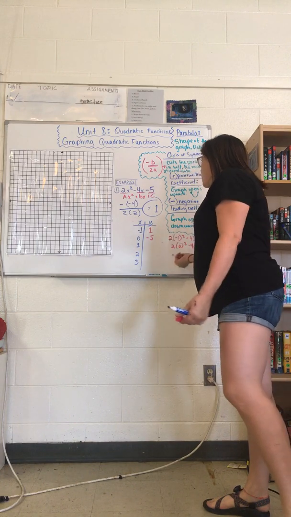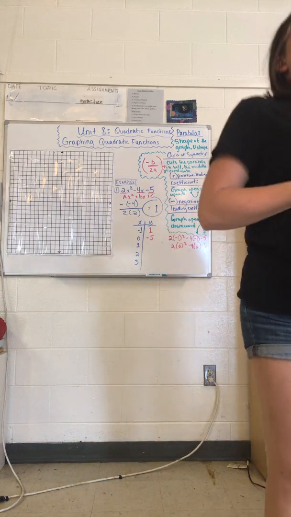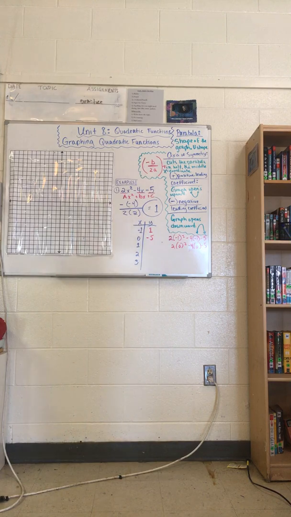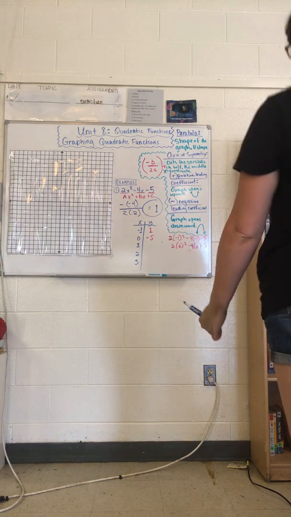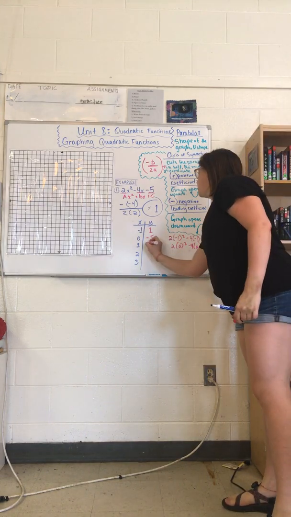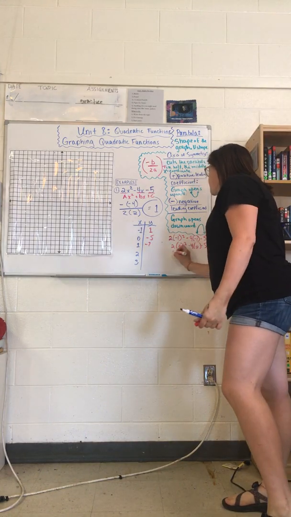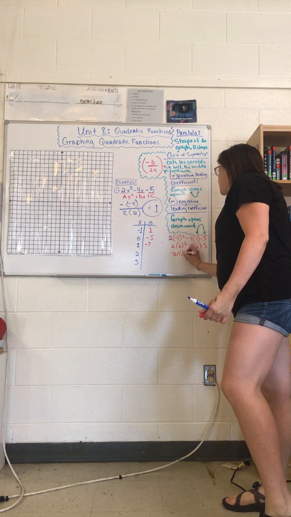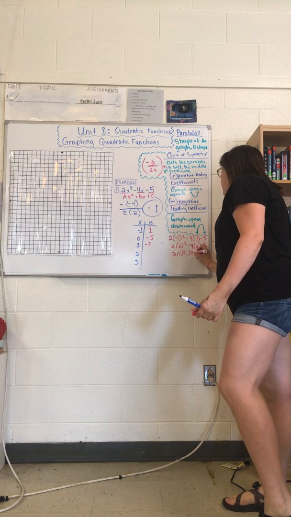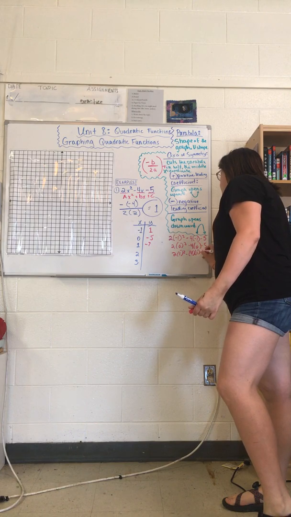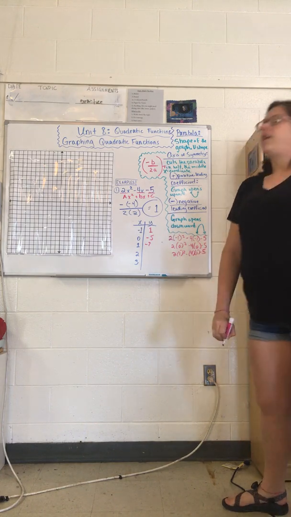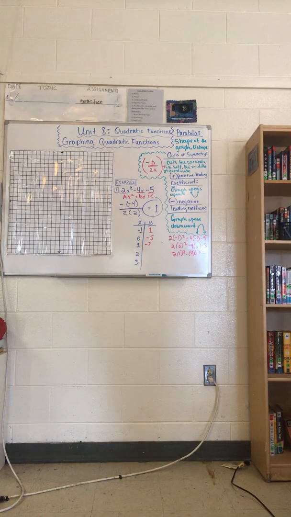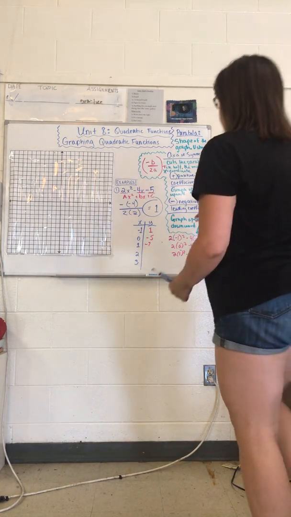Okay. At 1, because I know that's my vertex, that will be the bottom point of the parabola. And if I plug it in, I end up with -7. And again, you would take 2 times 1 squared minus 4 times 1 minus 5. Okay? Then I go to 2, I plug it in, and I end up with -5.